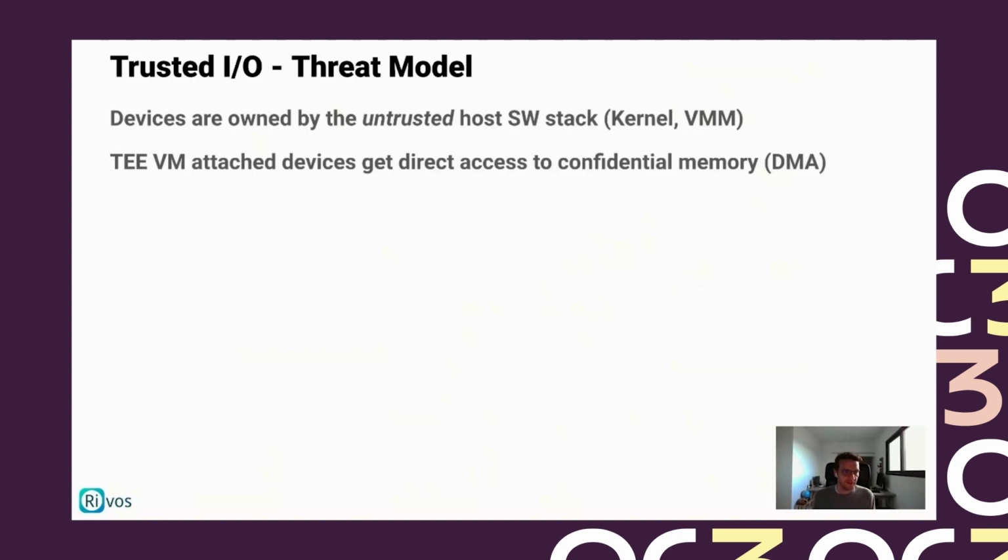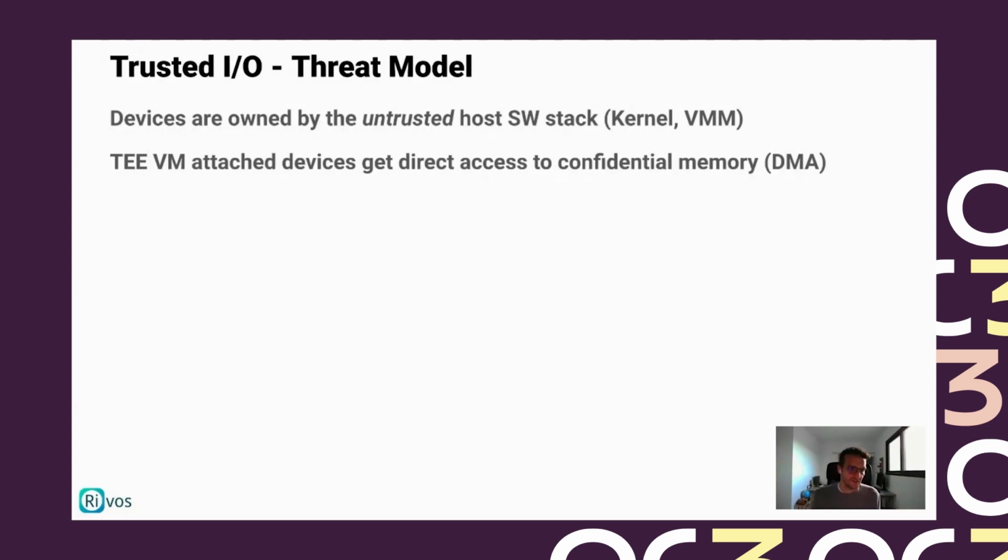So two things to keep in mind. In regular platforms, the devices are owned by a set of untrusted software components on the host. So devices are managed and owned by the kernel, typically the Linux kernel, or the VMM, KVM, QEMU.